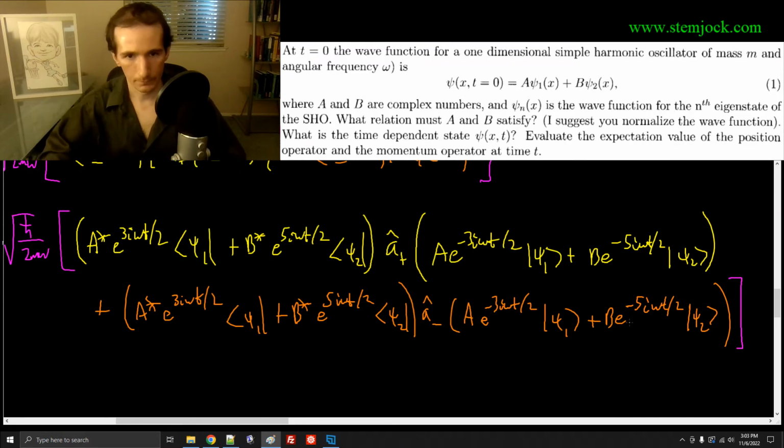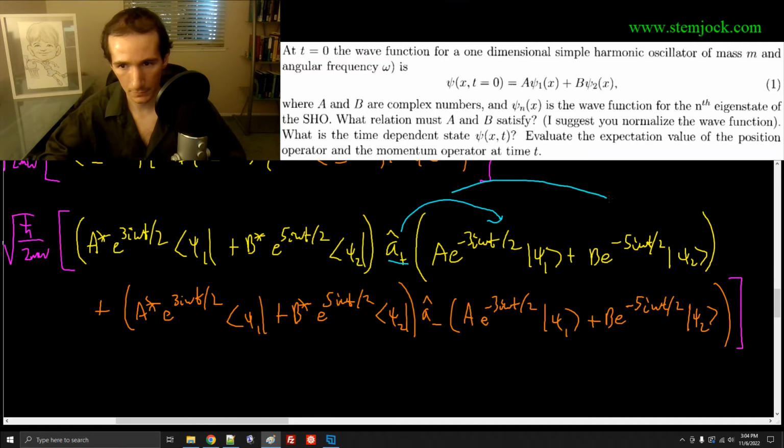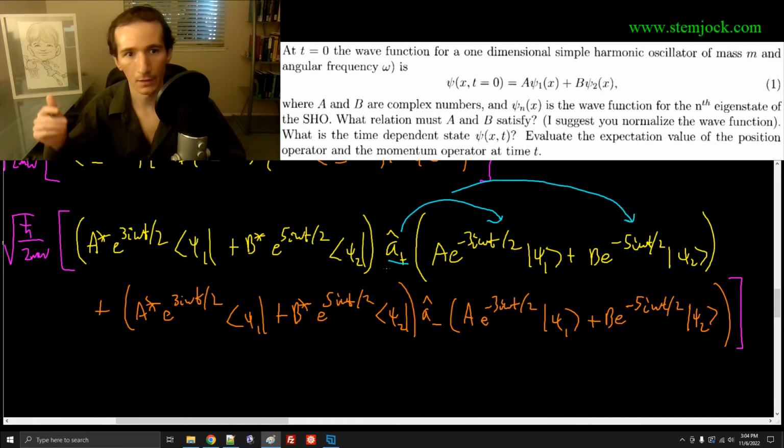Okay, so now each of these operators will act on the terms in front of them. So a plus will operate on this term as well as this term. Now it's important to note that operators act on kets. So this a e to the times the function of t will be treated as a constant and pulled in front.